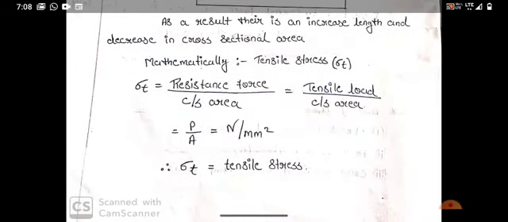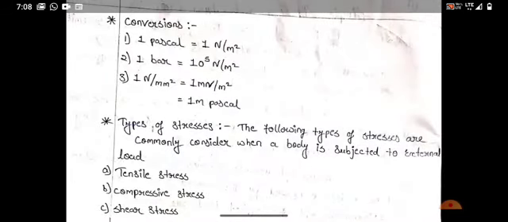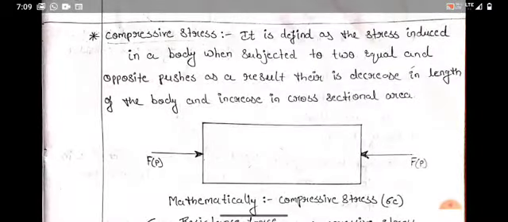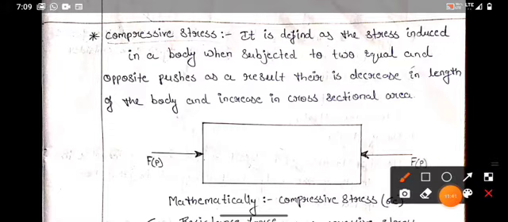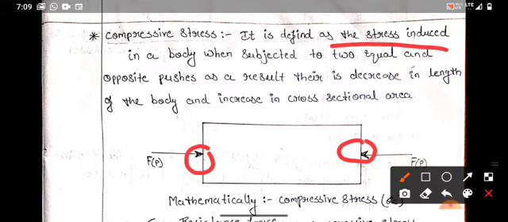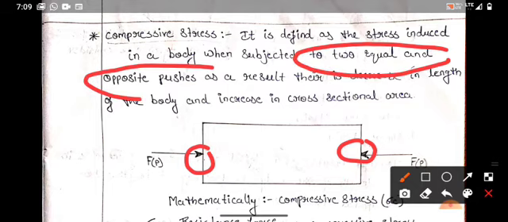Now next comes compressive stress. Let's see what compressive stress is. As we discussed, in tensile stress the external forces are two equal and opposite pulls, but in compressive stress it is two equal and opposite pushes.